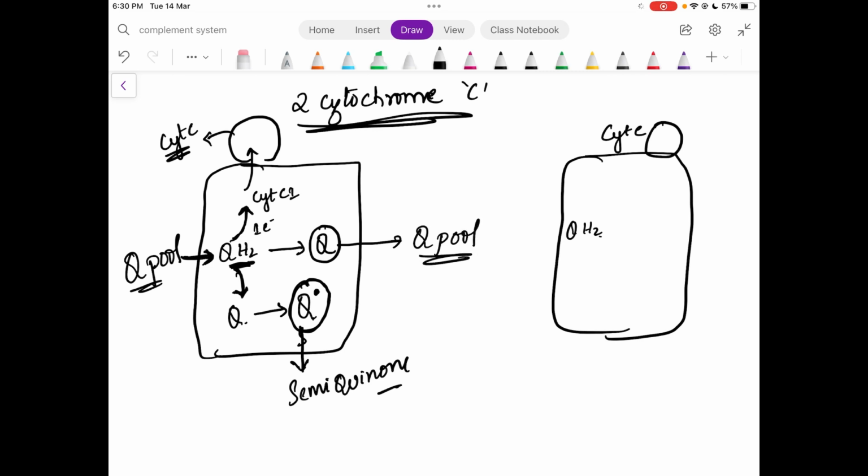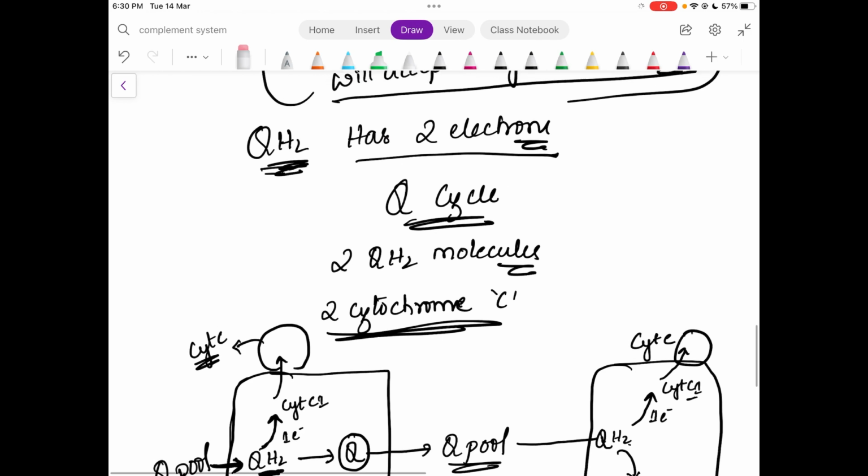Okay, then this Q will join the Q pool. From the Q pool, again one more QH2 is formed. The same thing will happen here also. This will donate one electron to cytochrome C1, and this electron is transported to cytochrome C, and one more electron comes to this semiquinone part.